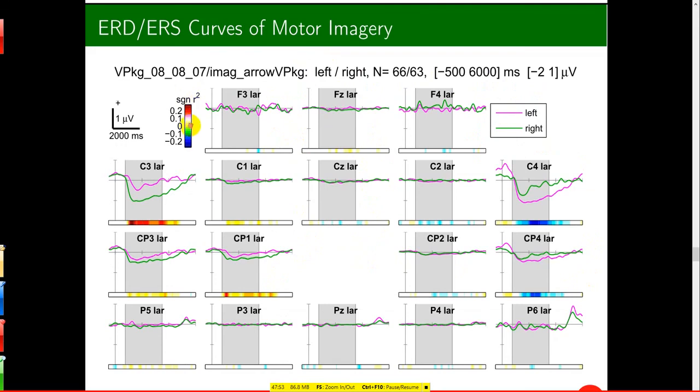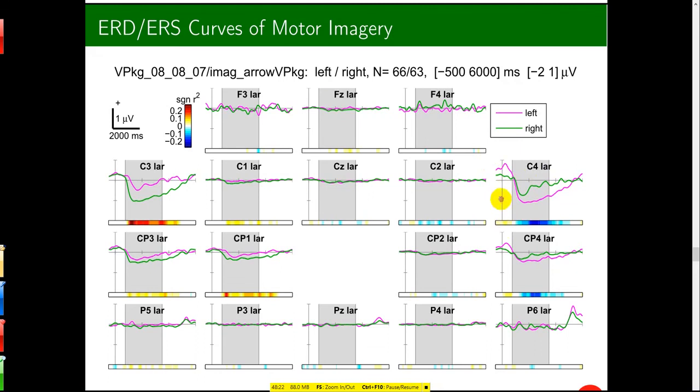And what we see here is, again, R square represents its separability from 66 subjects, left and right again. I don't see any very prominent power separation here, neither here, nor here. C1, CZ, C2, no. However, something interesting is happening at C3 and C4, right?